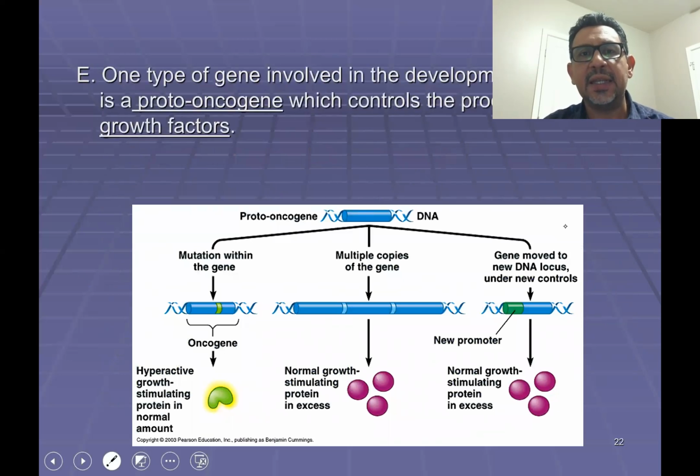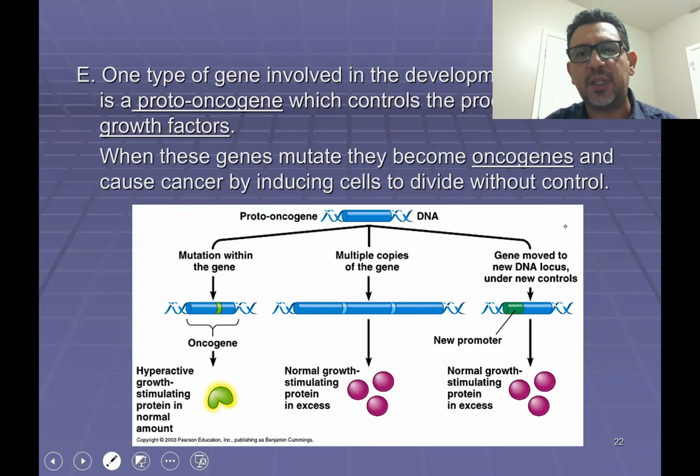Notice that the types of mutations are also going to be determining the effect on the body. The genes that are susceptible to mutations are going to be known as proto-oncogenes. Now, a proto-oncogene is a gene that functions normally, controlling the production of growth factors or something like the cyclin-dependent kinases.